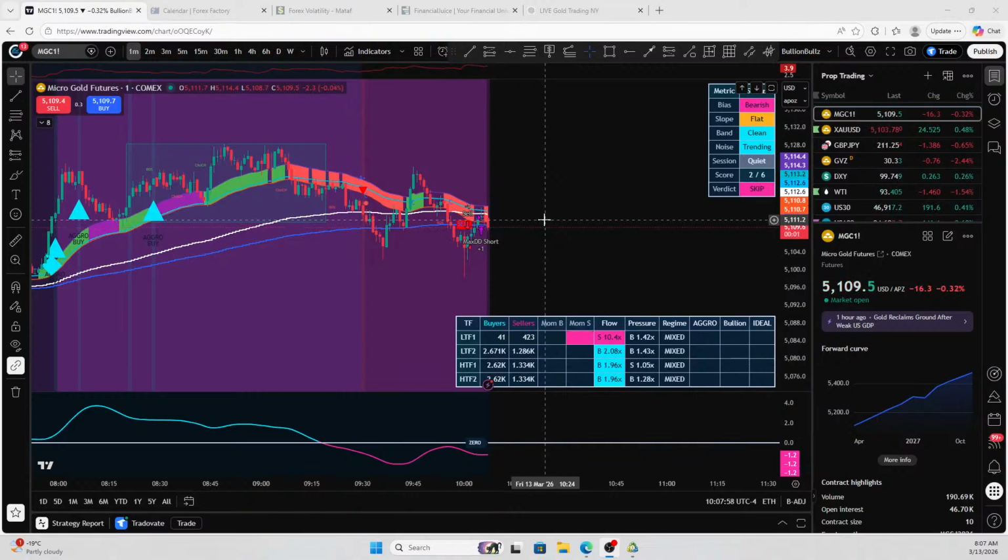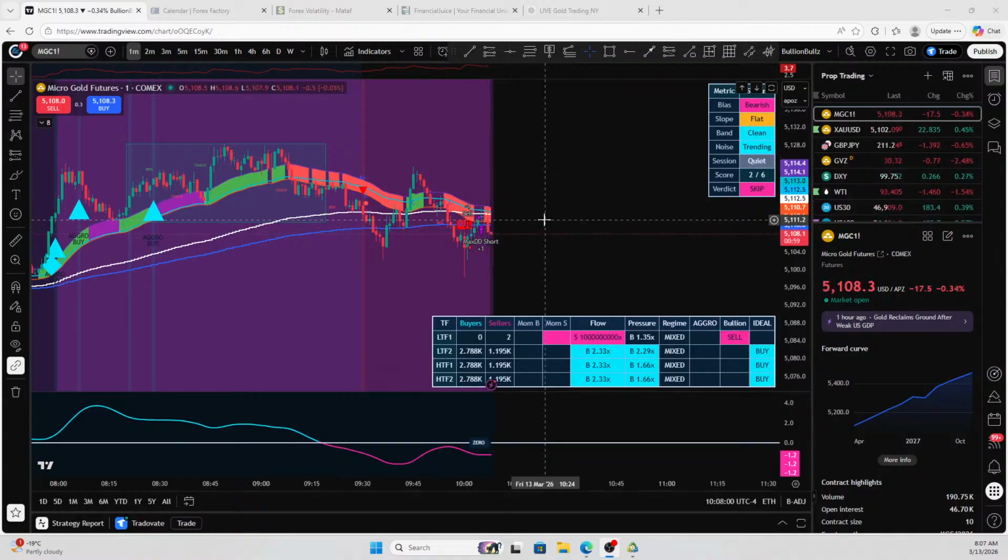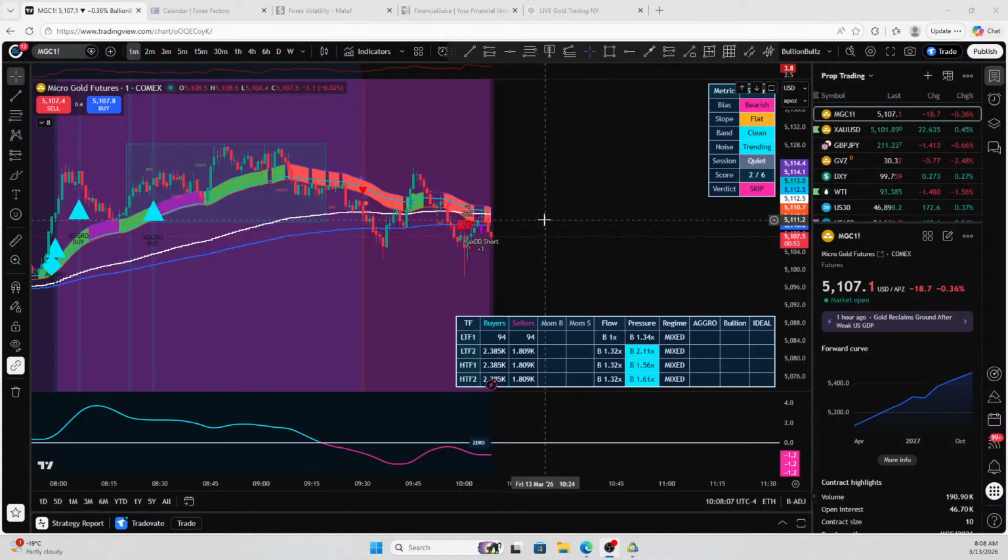So it's a ranging market. We just have to wait. We're seeing buyers starting to dominate. However, the structure is not aligned with the bullish price action.